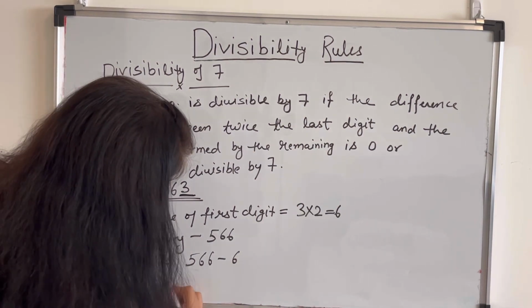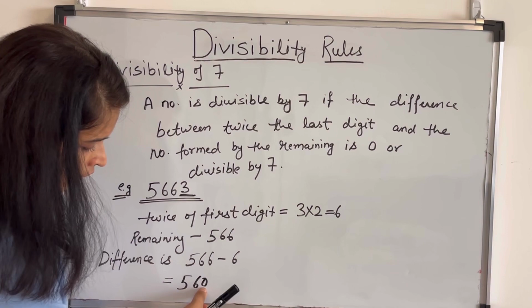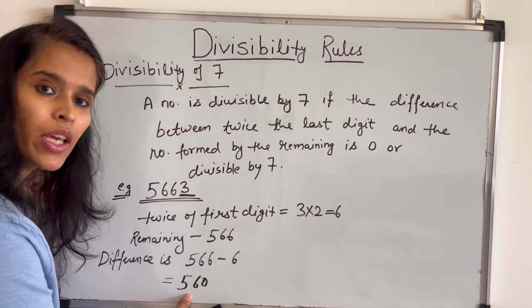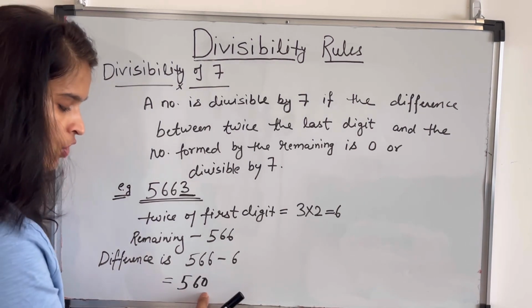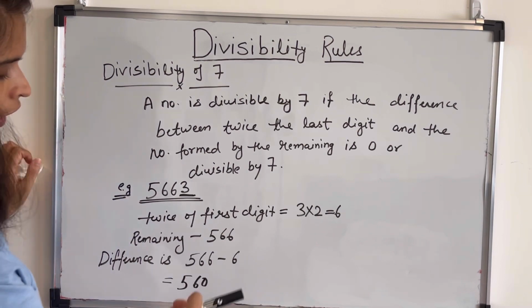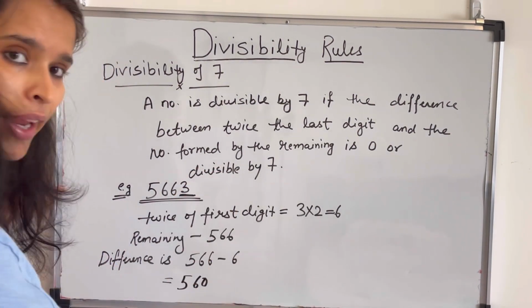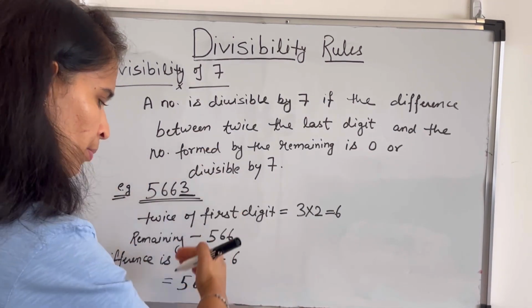Okay. So this is the solution of what they are saying. Either it should be 0 or divisible by 7. There is one more thing. We can check whether it is divisible by 7 or not, or we can follow the same thing again.